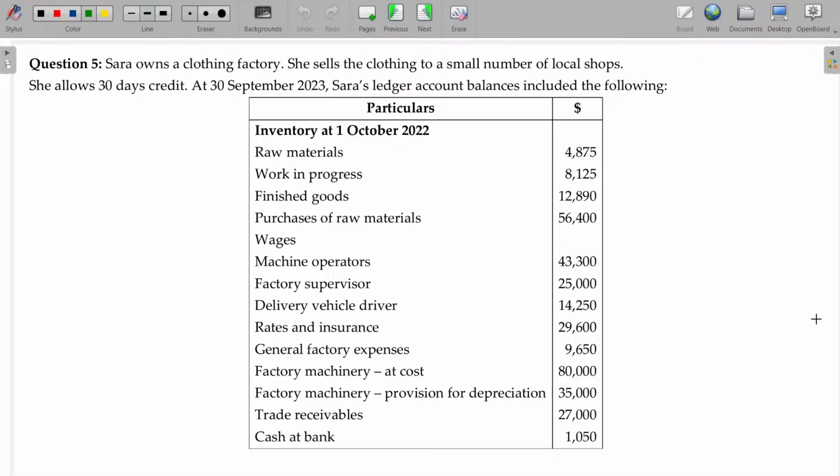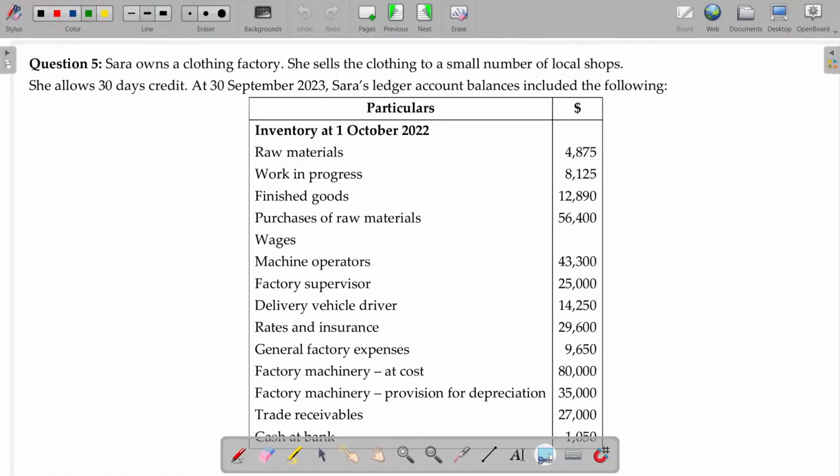So now let's move on to the question number 5. Sarah owns a clothing factory.